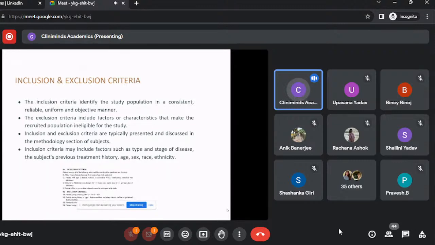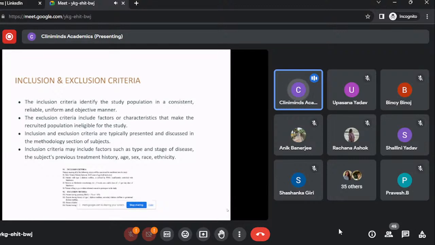All the inclusion criteria answers should be yes or no? It should be yes only. All the inclusion criteria should be yes only.